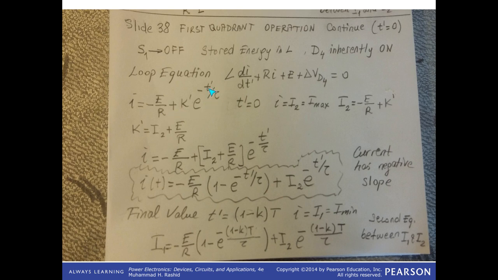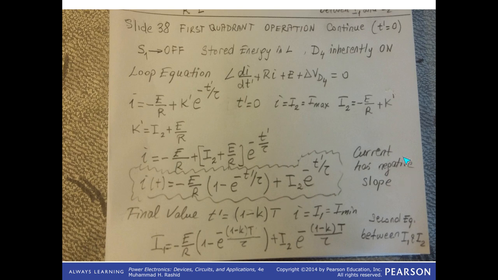When t prime is 0, current is equal maximum. And then you obtain K prime is equal I2 plus E over R. So if you replace it here, this is the general equation. The K prime we already obtained, put it here: minus E over R plus I2 plus E over R times e to the power minus t over tau. Then this differential equation you obtain. Okay.